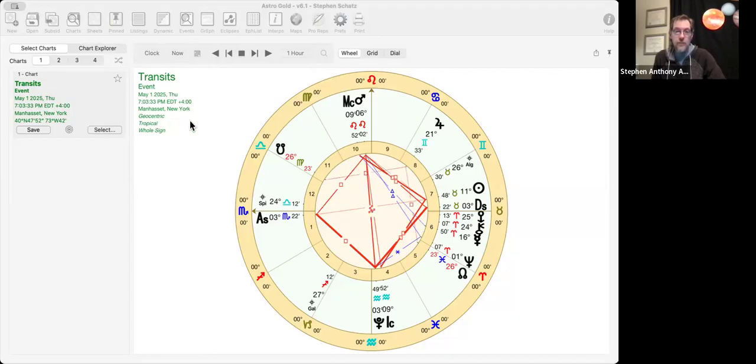There's a sextile between the outer planets Neptune and Pluto, and these are 2 signs apart. Aquarius is 2 signs away from Aries.